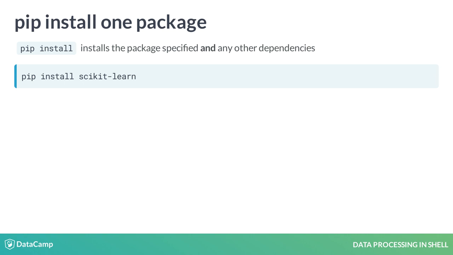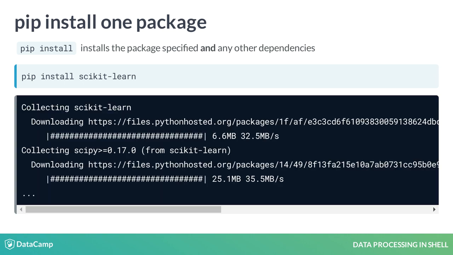In this case, we're installing Scikit-Learn. You might notice from the logs though, it looks like more than one Python package is being installed in this one single pip install call. This is because pip will automatically install Scikit-Learn as well as any other Python packages that it is dependent on to operate. We call these other packages dependencies.